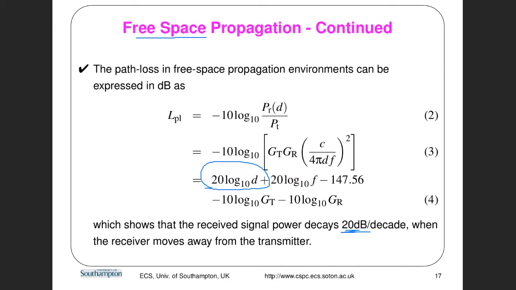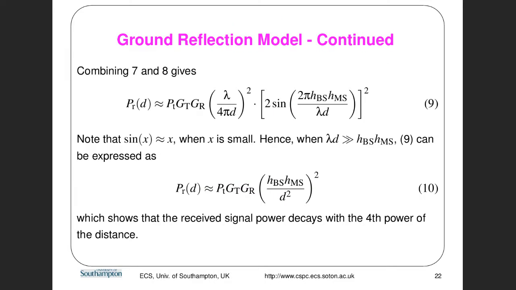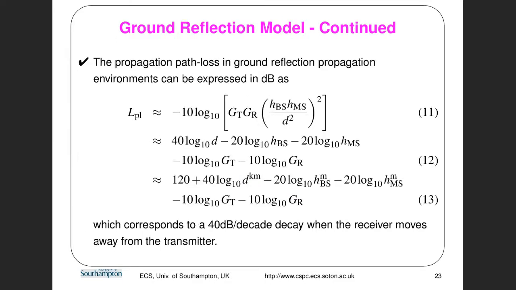But 20 dB is considered quite small. Normally, it's more than 20 dB. For ground reflection model that we just see here, when you move away for 10 meters, you get a power loss of 40 dB. So now 40 dB is actually, in reality, considered really high, but it's more realistic than the free space path loss.